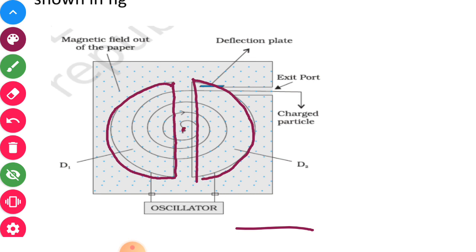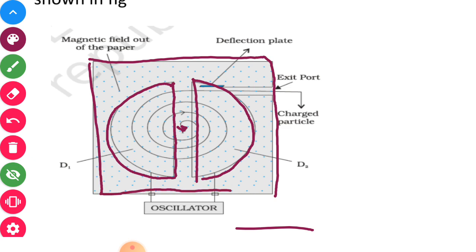This is the point P from where the charged particle is introduced. The whole system of two Ds is kept in the evacuated chamber, and the dots show the magnetic field which is coming out of the plane of this screen. The charged particle is introduced at this particular point.